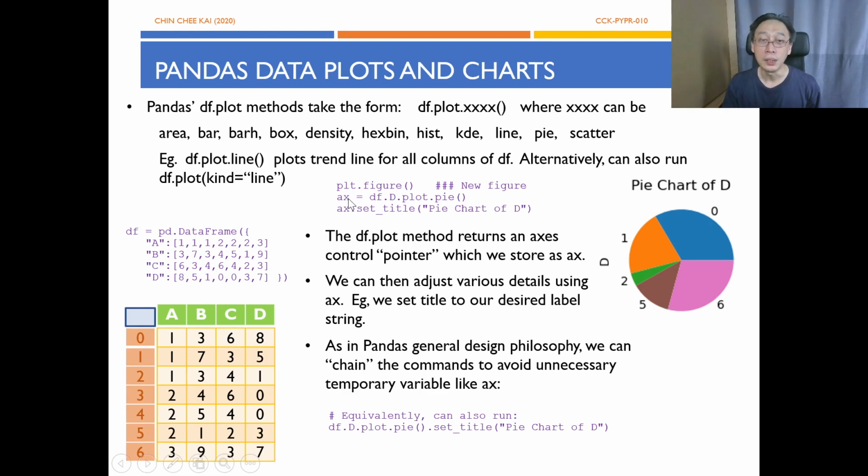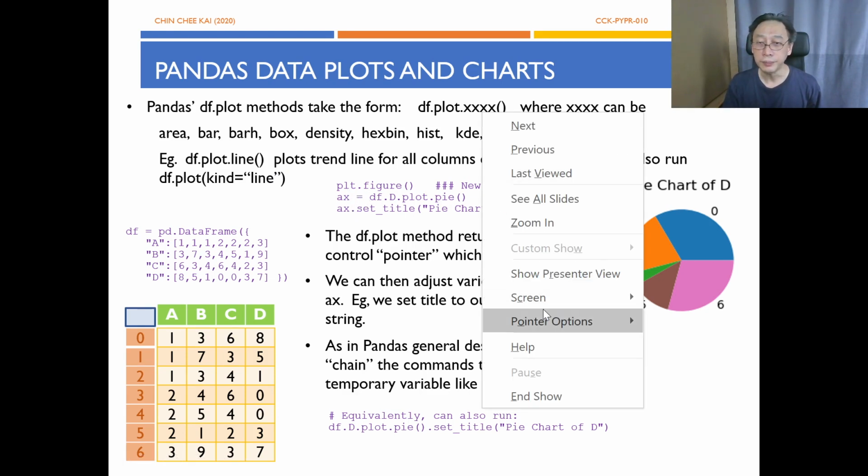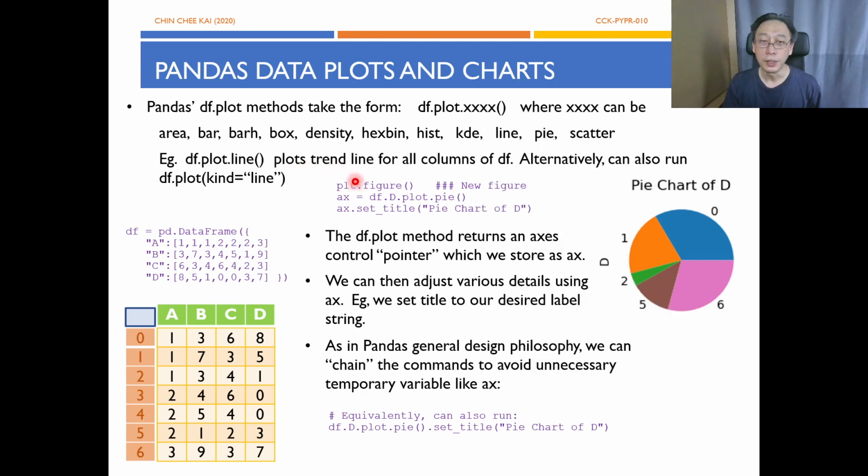So for example, if we start a new figure, like here, then we say df.d, take out the d column. So that's here. Remember, the d column will also get a copy of the index, which will implicitly form the x-axis.